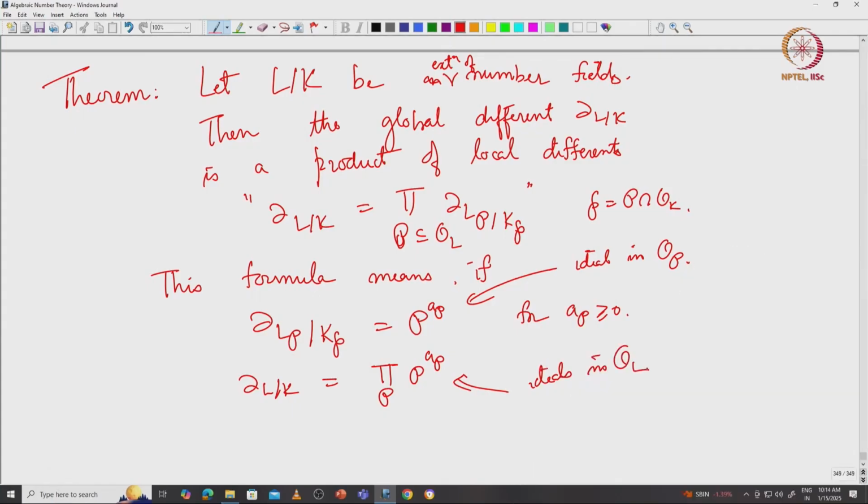Okay. So, that is what this formula means, and that is how one interprets it.